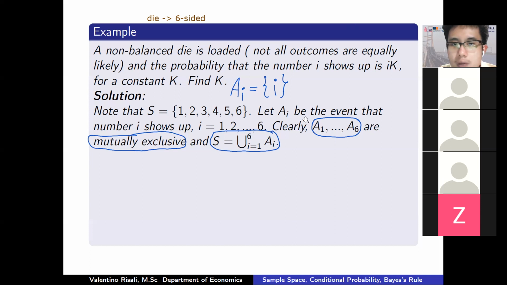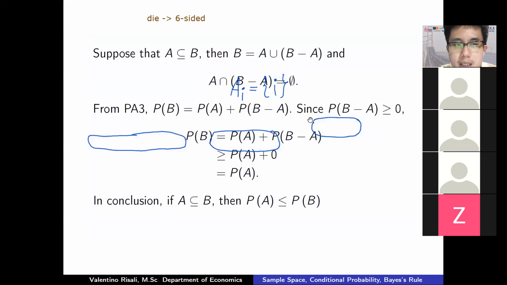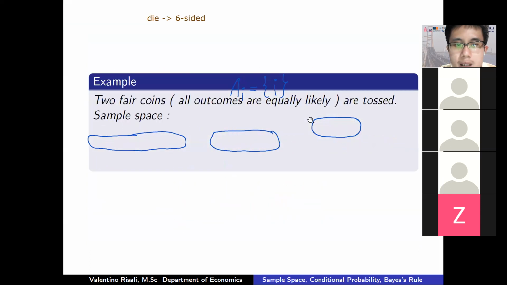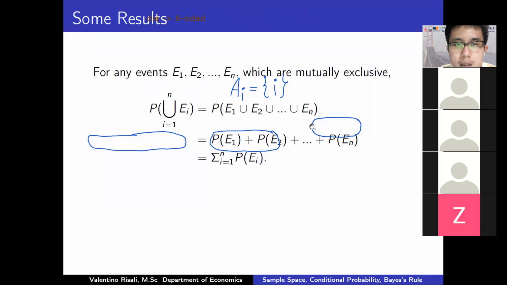We have so many properties and PA. One question. Can we use this property to solve this equation?